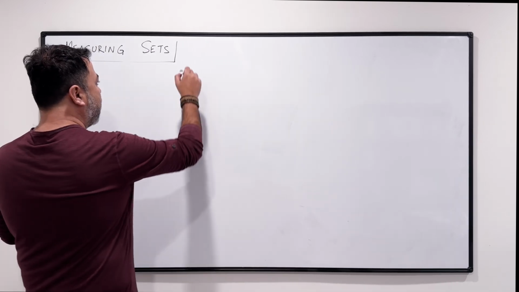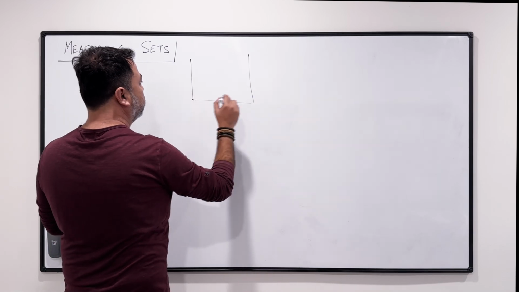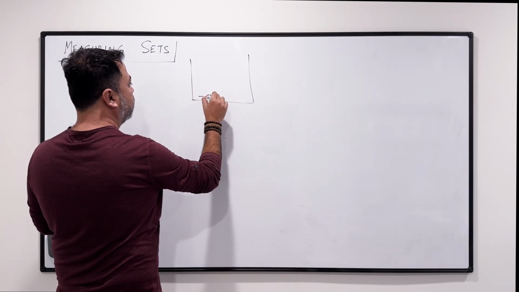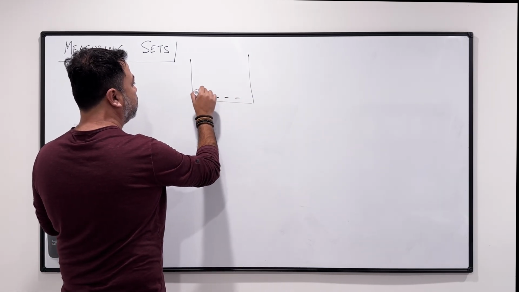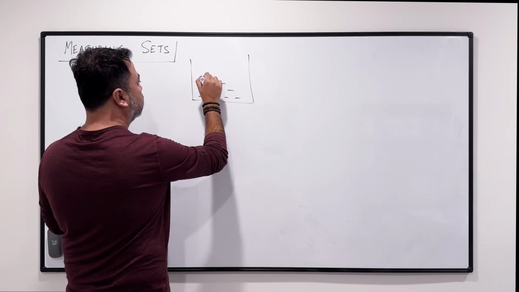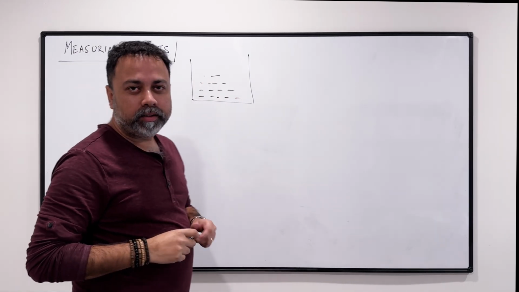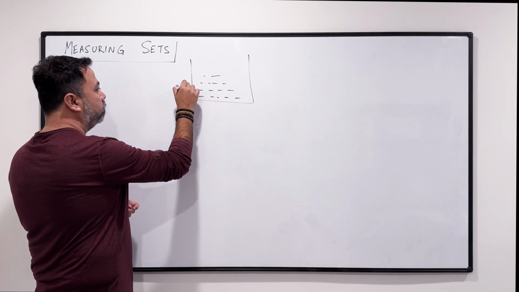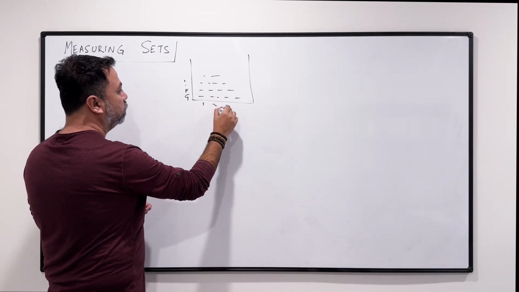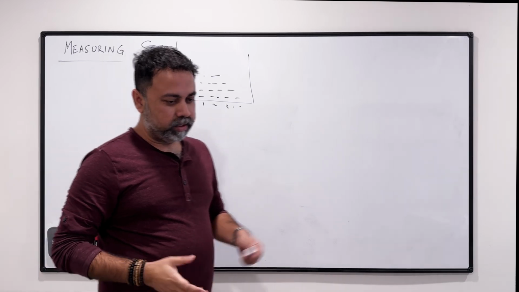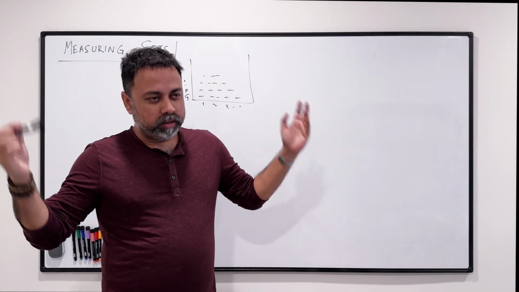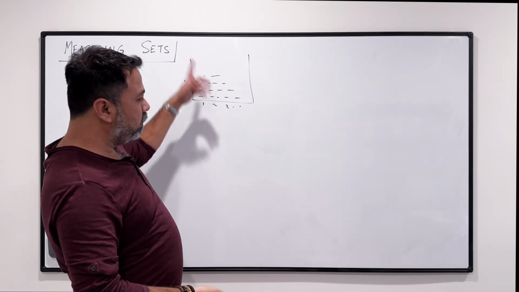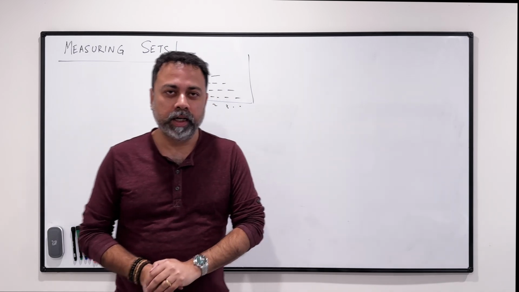You have a theater with a bunch of seats. You have the back seats, you have the row in front, and so on. These are numbered G, F, and so on, and then 1, 2, 3, and so on. Every seat has a number. You know that it's the third seat in the back row, for example.